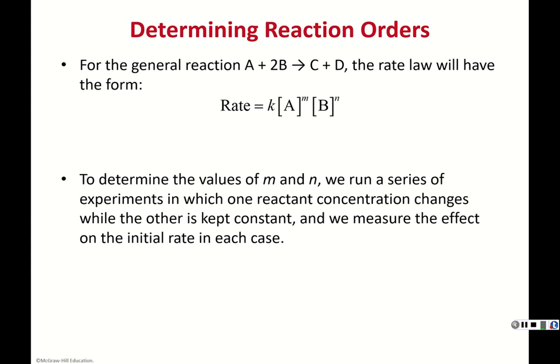So to determine those, you run a series of experiments where you change the concentration of one reactant while the other is kept constant, and you measure that effect on the rate in each case. And usually, again, you use the initial rate just to make it consistent.